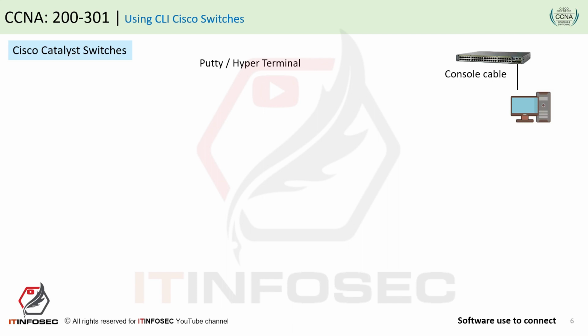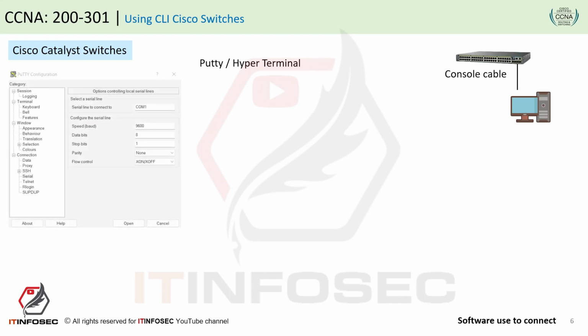After we connected our switch to our computer through the console cable for the first time, we need software to make the communication so that we can enter the switch command line interface and start the configuration. There are many various types of software that can be used for connecting to a switch.